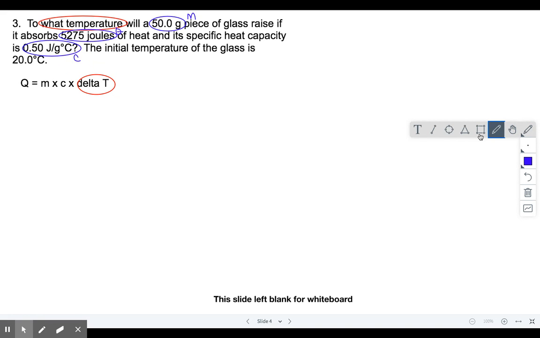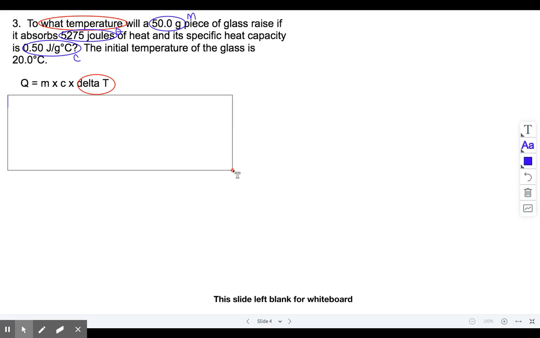So now I'm going to go back to my equation. I have 5,275 joules of heat that's absorbed by this glass, and I know the glass has a mass of 50 grams, and I know its C is 0.50 joules per gram Celsius.